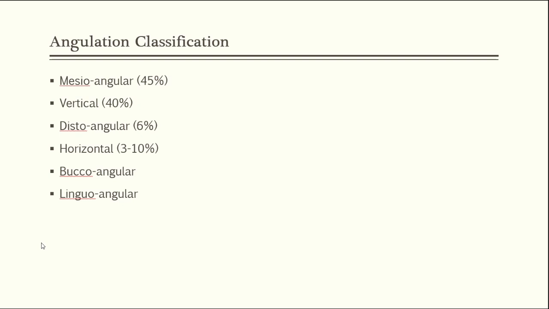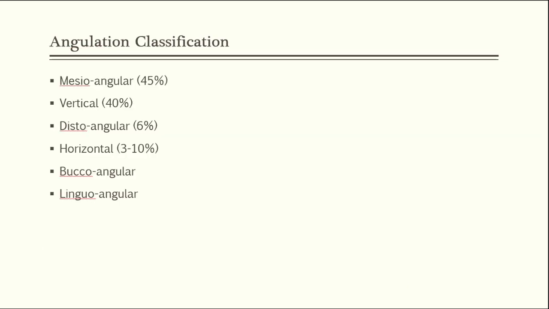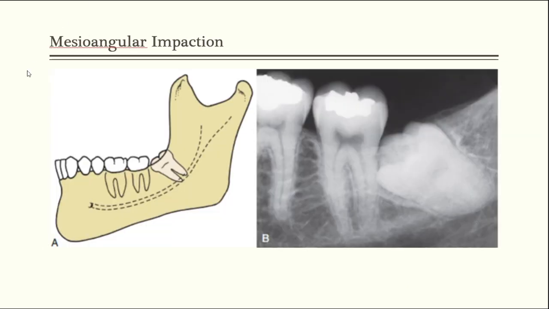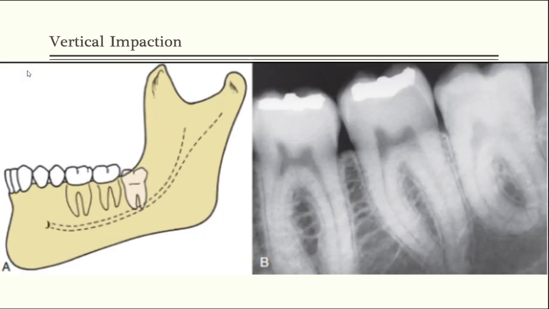Now, mesioangular is the most common, 45%. Sorry. Now, a mesioangular impaction looks like this. Horizontal is the third most common. The vertical is the second most common.